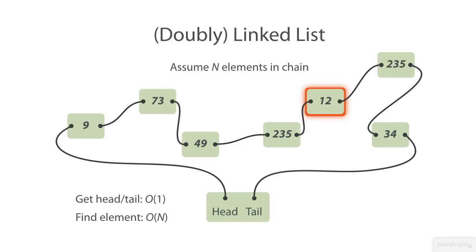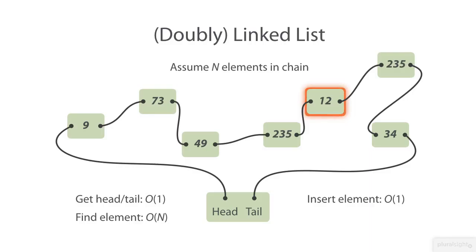Again, the complexity of this operation is completely independent of the number of elements in the chain. It's always just a matter of changing 2 pointers, or in case of a doubly linked list, 4 pointers. Therefore, inserting an element into a linked list, provided that we have already found the element to insert from, takes a constant amount of time, or big O of 1.